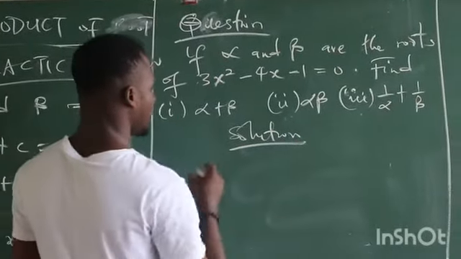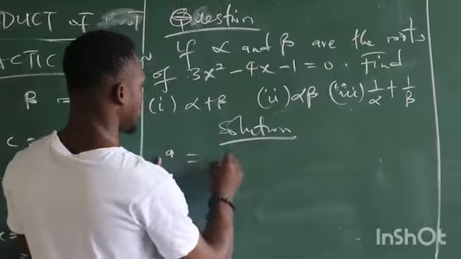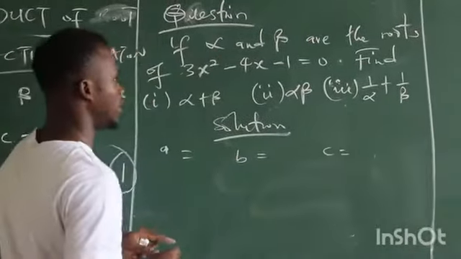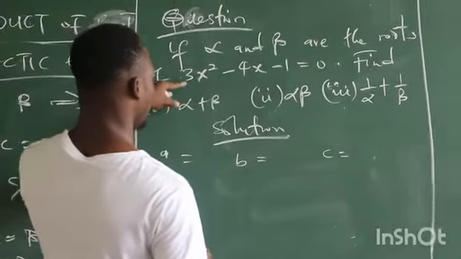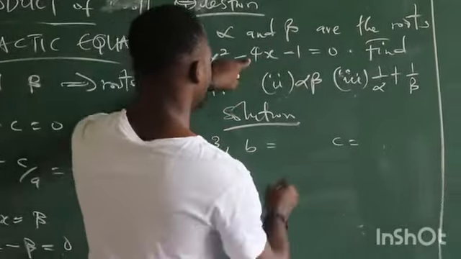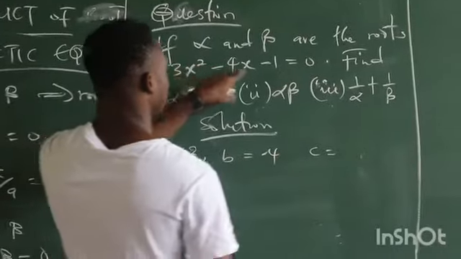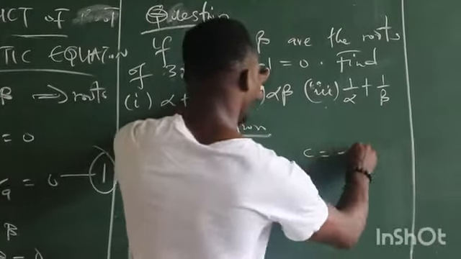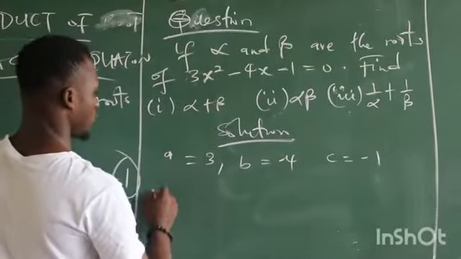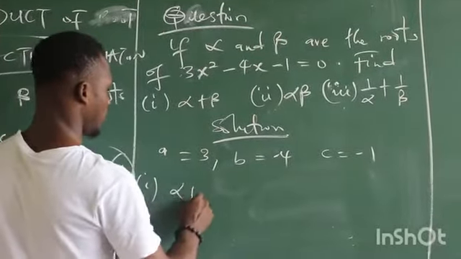Now we are going to first of all know what our A is and our B is, and also know what our C is. So from the general form, of course, you see that this is our A, okay, and B should be minus what? Alpha plus beta.